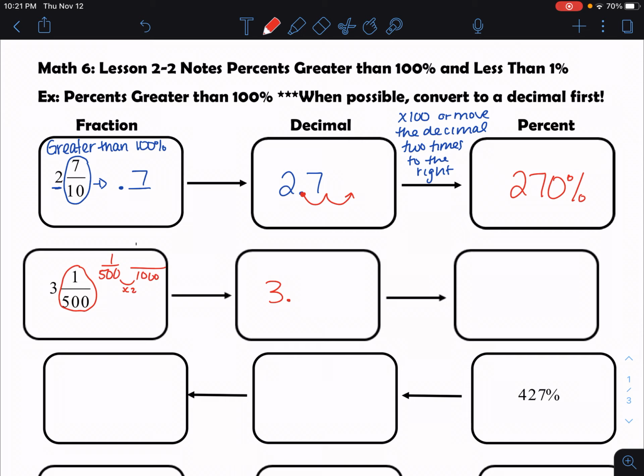To get it to 1,000, I'm going to multiply by 2. And 1 times 2 is 2. This means that I've got 3 blanks, and 2 is going to be the last one. So this is going to be 0, 0, 2, so I'm going to have 3.002.